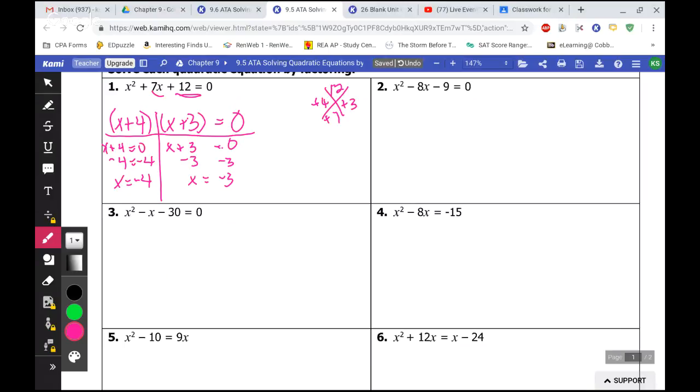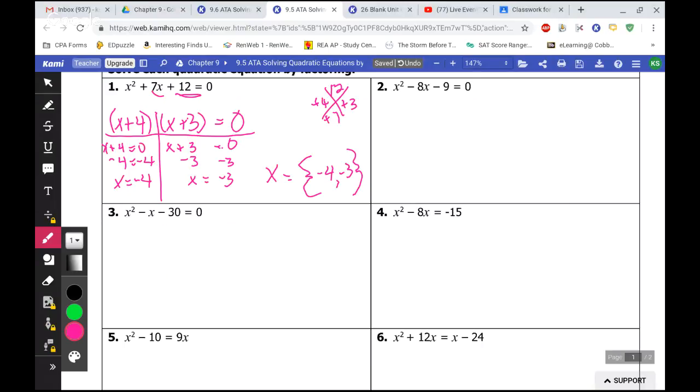And then you write your answers as a solution set. And yes, my brackets are not very attractive. So that's the answer for number 1.